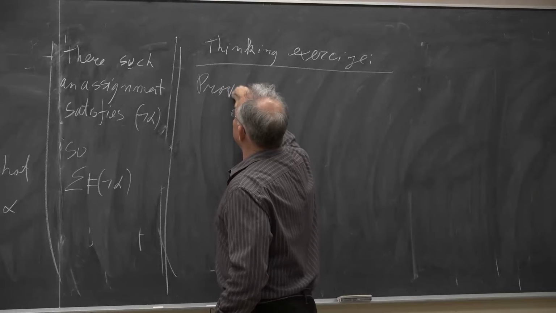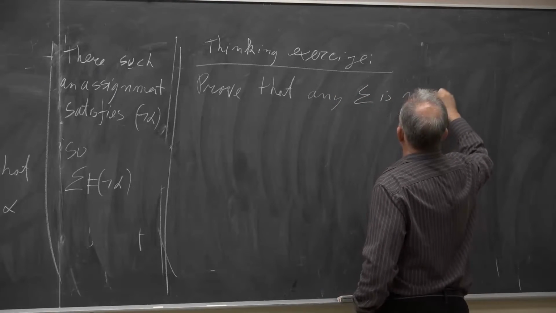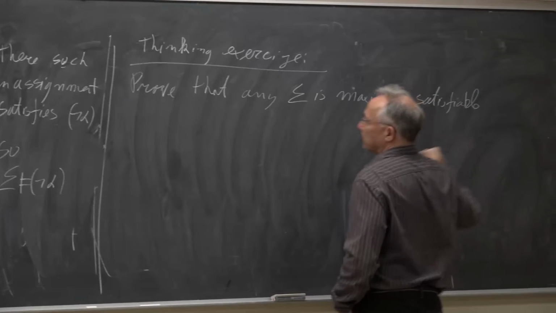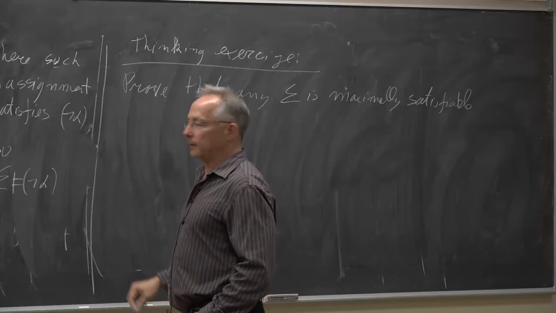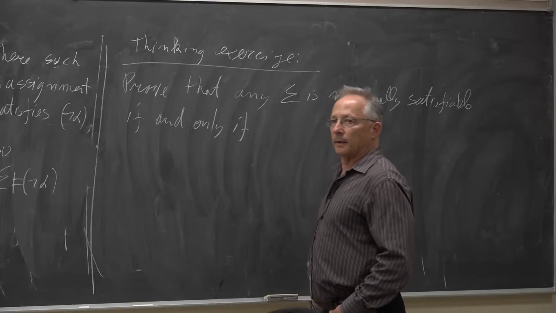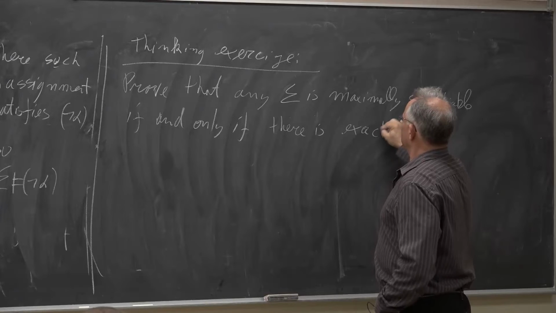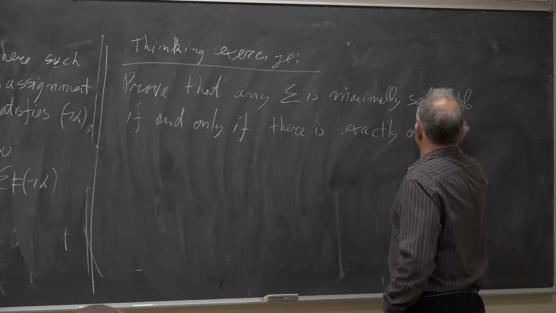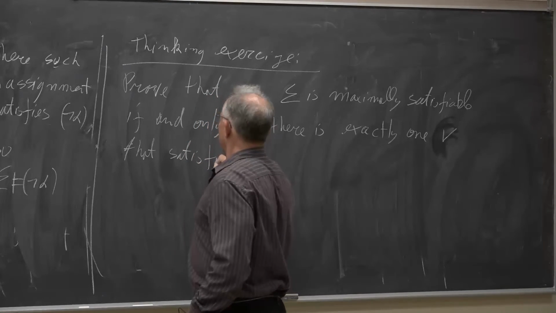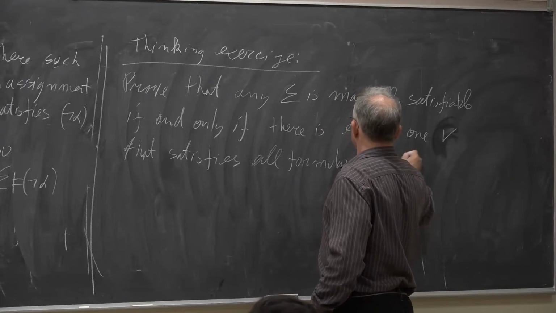Prove that any sigma is maximally satisfiable, or satisfiable and complete, if and only if there is exactly one single V that satisfies all formulas in sigma.